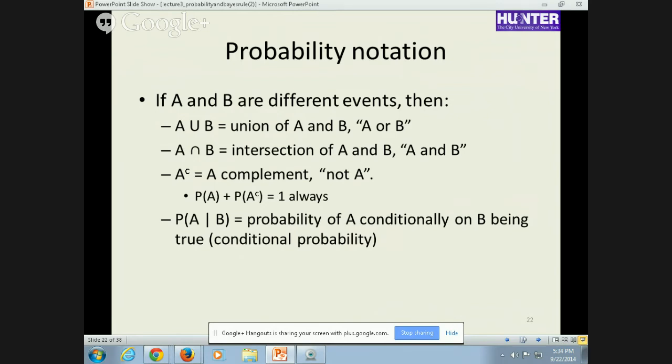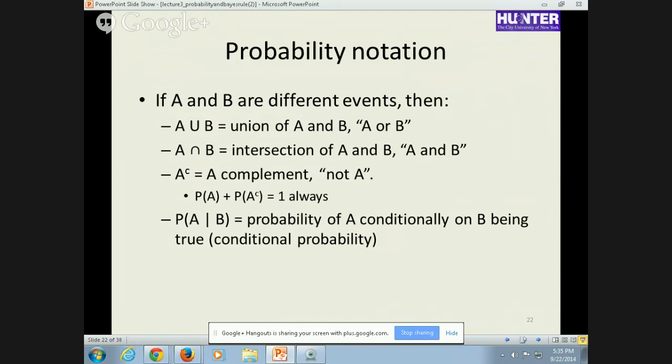Okay, let's get into a little bit of probability and a little bit of math here. A union B, this is the probability of either one of events A or B happening.